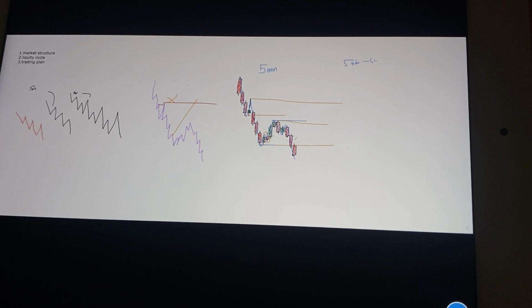So which means the grievance that happened here, it is important. You have to pay attention to it. Likewise, you pay attention to this. But you know the overall structure is here. Why? Because remember, we all know that break of a structure is not the reason for a trend change, right?